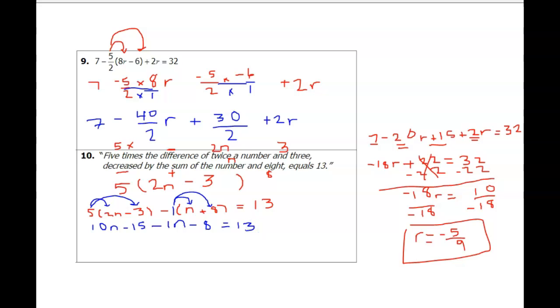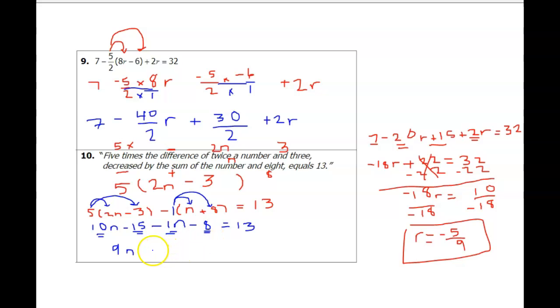Second step, e-learners. Yes, combine like terms. So I got a 10n and a minus 1n. That's subtraction. So I'm going to have a 9n. And then I have a negative 15 minus 8.